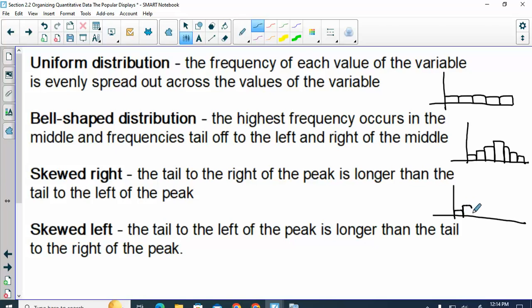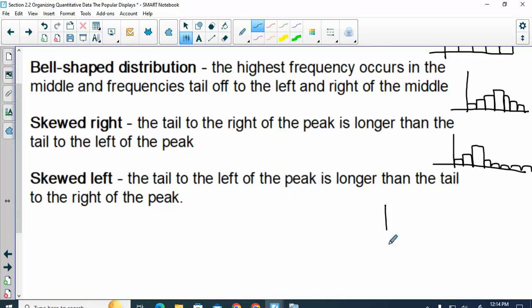So skewed right means I have this extending on to the right for a long time. It peaks and then I have a lot more values on the right. Skewed to the left means we have more values to the left of the peak. So that would be an example of skewed left.